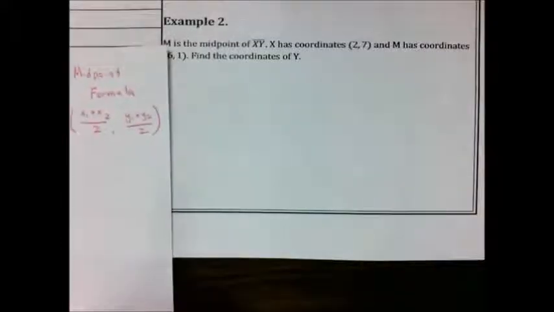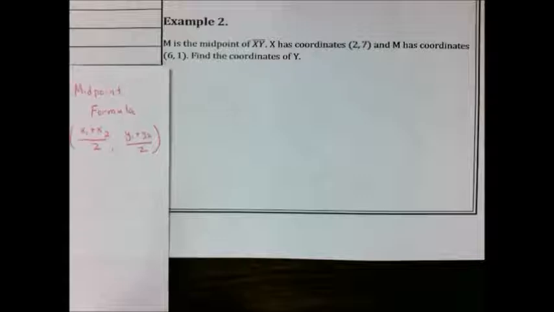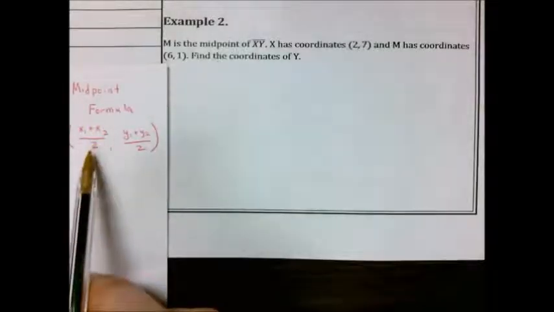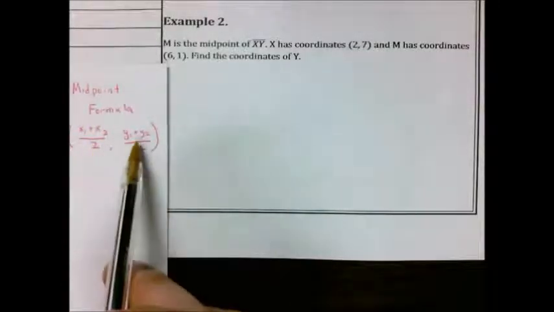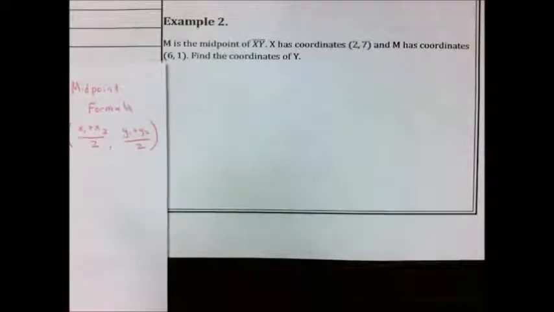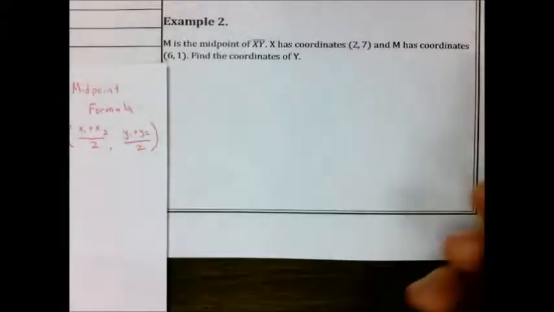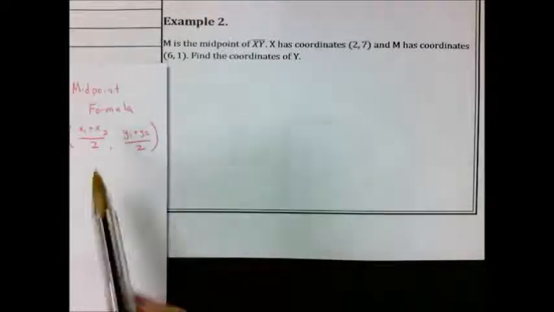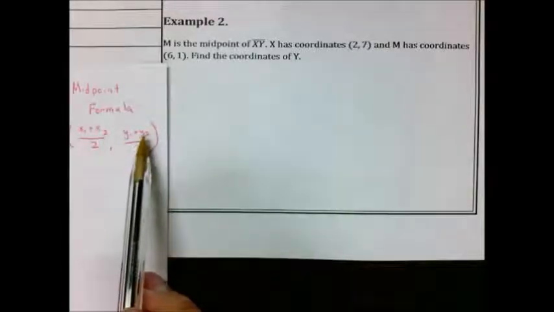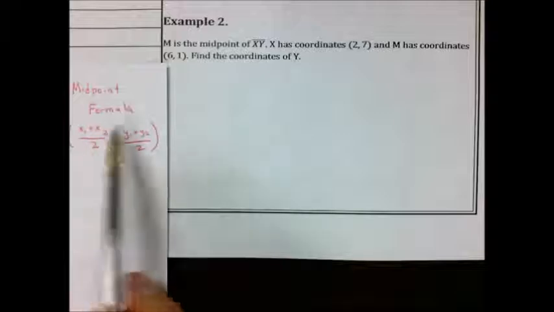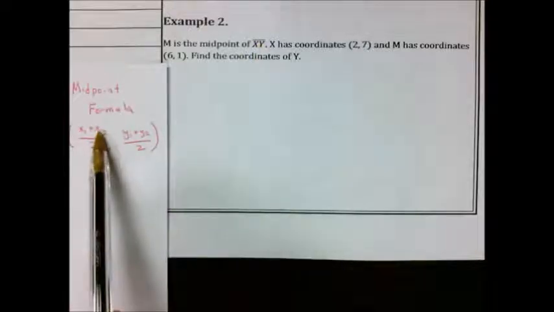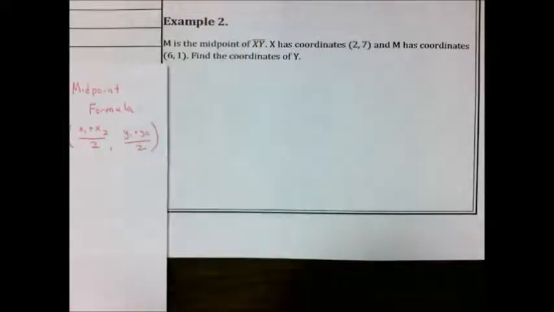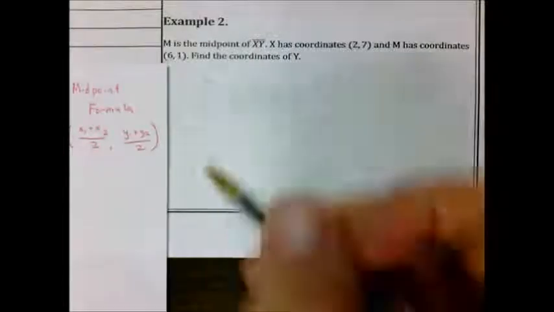So I'm going to remind us of what the midpoint formula is again. It's x1 plus x2 divided by 2 is our new value of x, and y1 plus y2 divided by 2 is our new value of y. We're just going to use the coordinates of point Y in this formula.